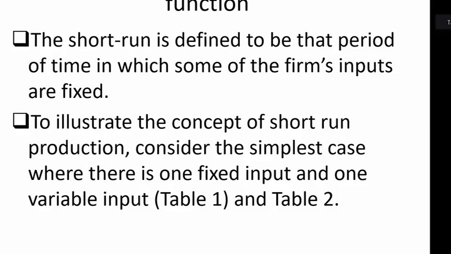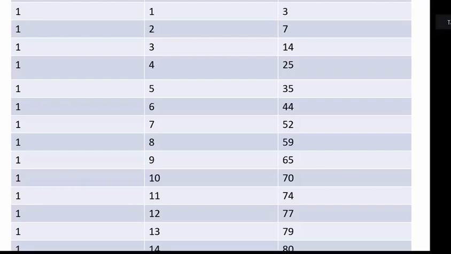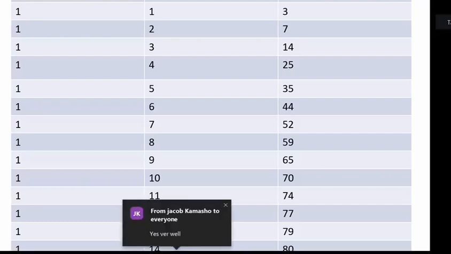For example, let's see this table here. For example, you want to invest in agriculture. You want to cultivate. You need to buy a land, let's say 1 acre. This land is fixed. So, regardless of production, at level 1, you will have that level of hectare.